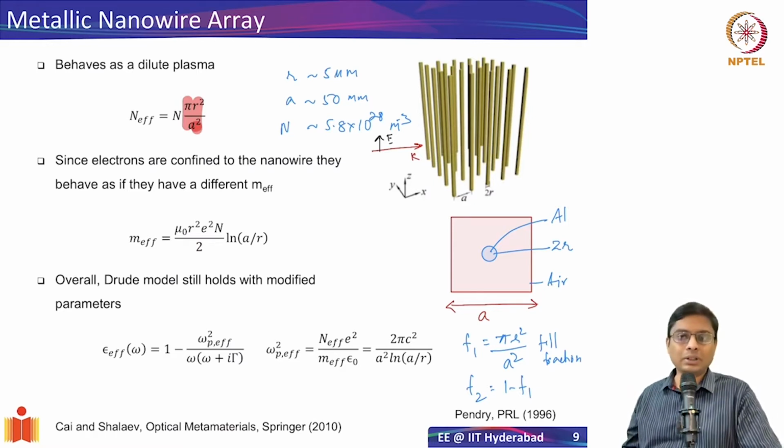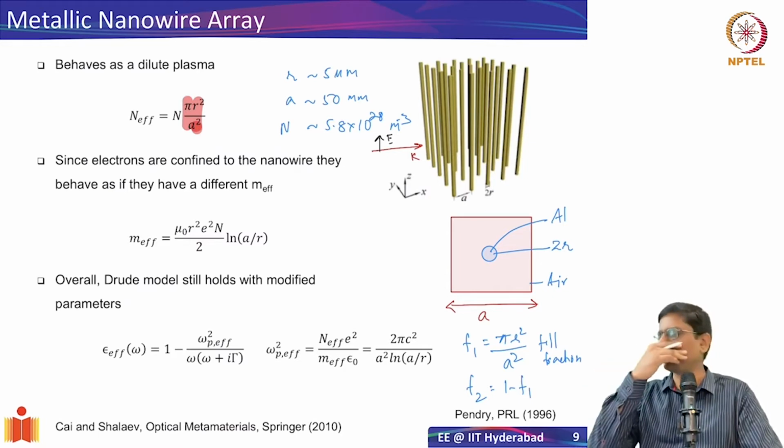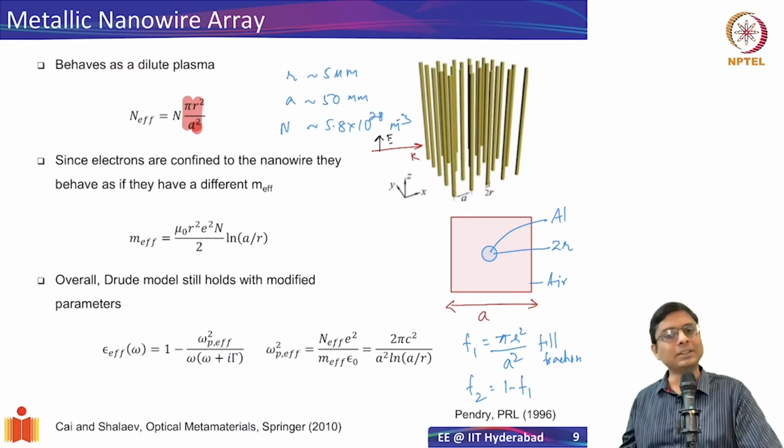So now what we are claiming is, this entire medium of, let's say, wires arranged in a lattice is going to effectively behave like a Drude metal, but with modified parameters, which is basically the effective plasma frequency. The effective plasma frequency has 2 terms. One is the effective carrier density, and then the effective mass, which is different.